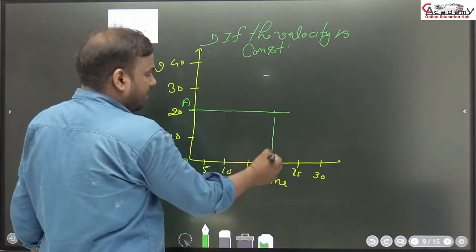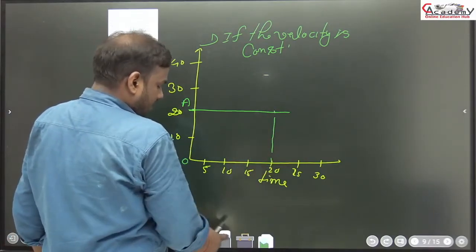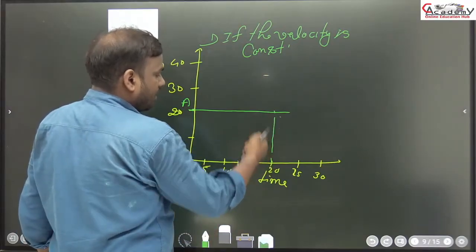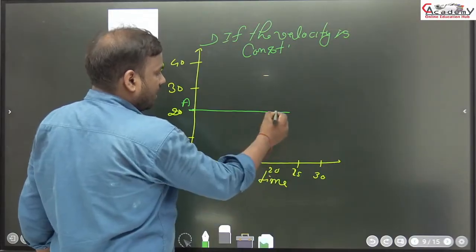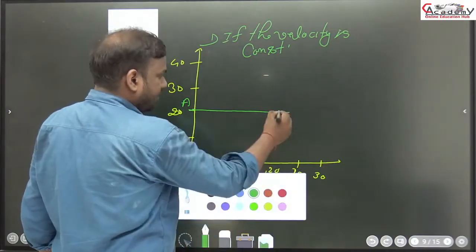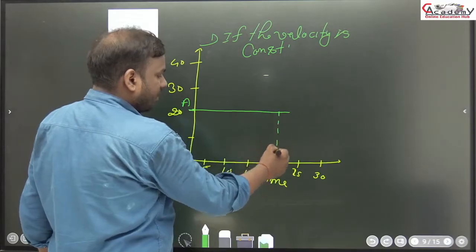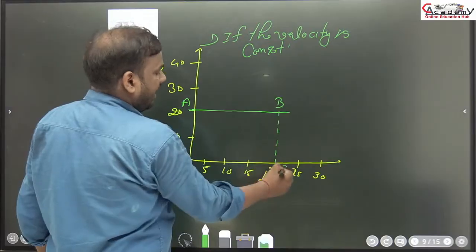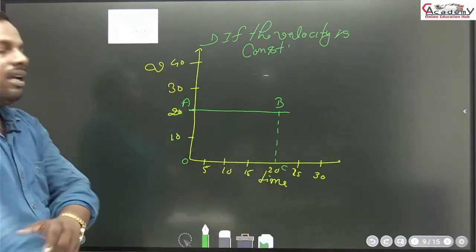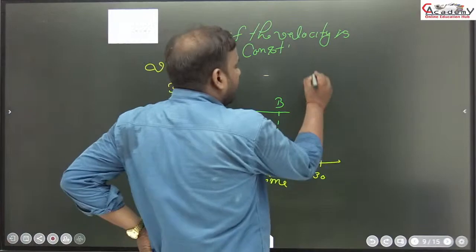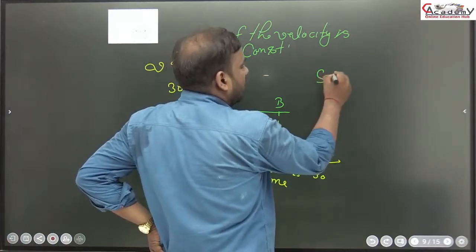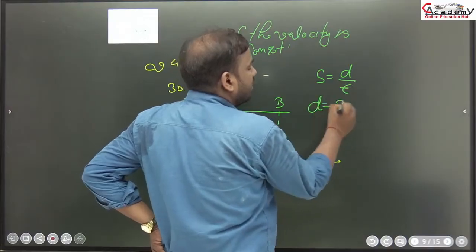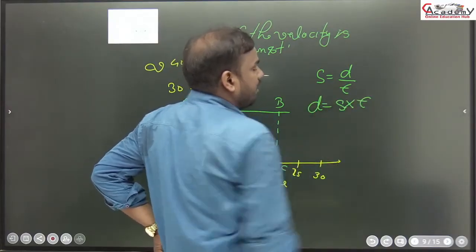Then we meet here, that's the point 0A, that's the points B and C. We know that speed is equal to distance upon time, then distance is equal to speed multiplied by time.